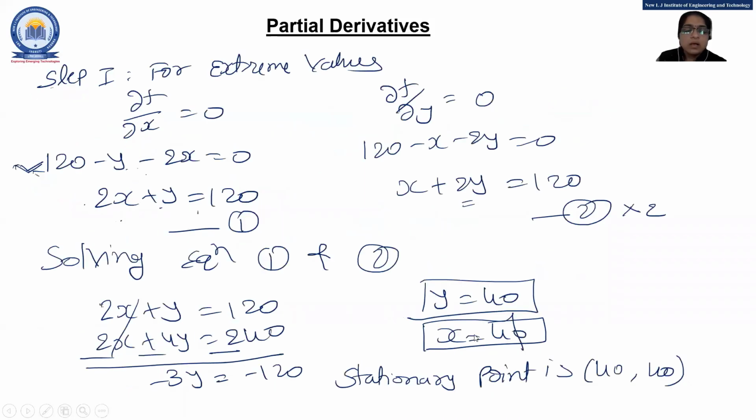When in this equation we get minus common, for the second derivative we use the first equation only.